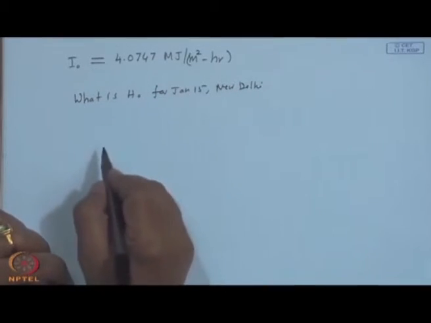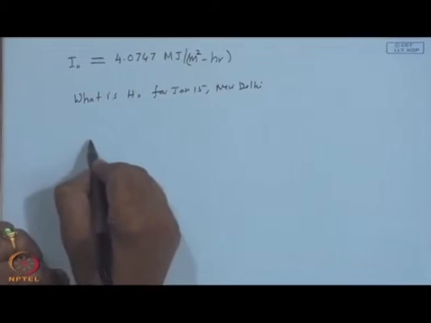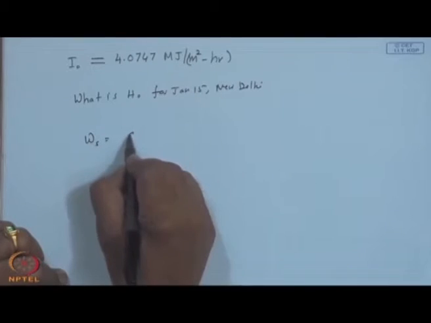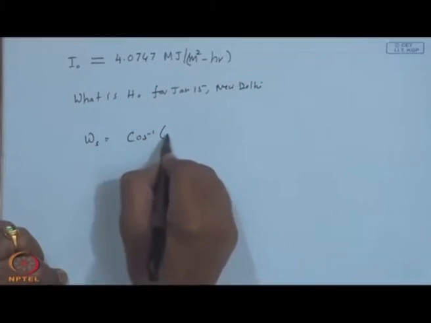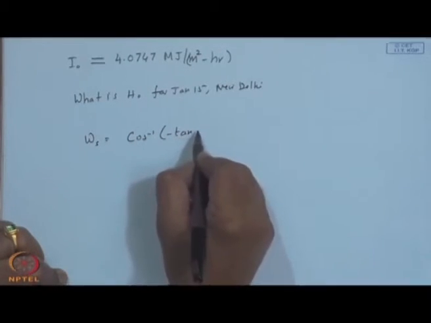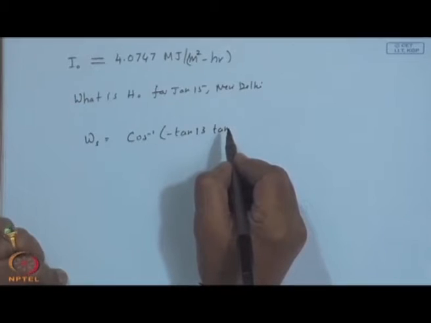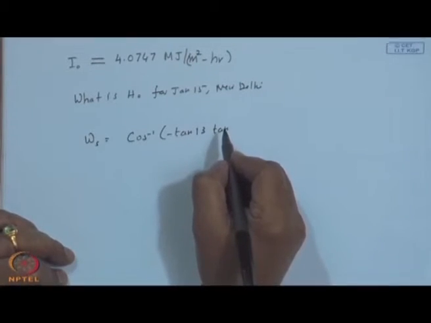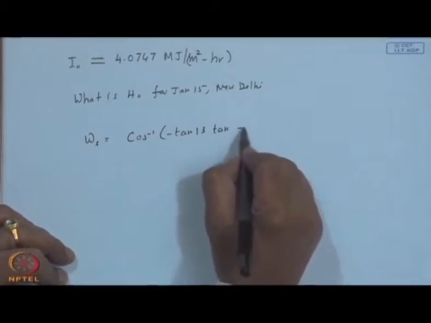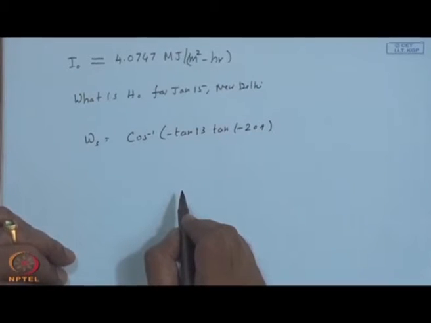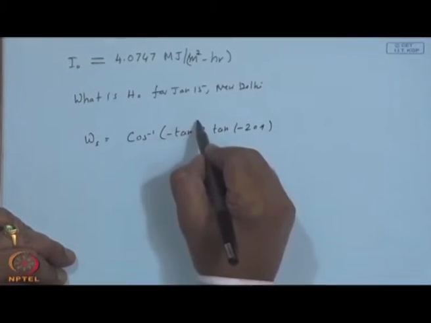Okay. So, I need the sunset hour angle omega s, which will be cos inverse of minus tan 13 tan delta, which is minus 20.9. The location is Chennai, so 13 degrees.